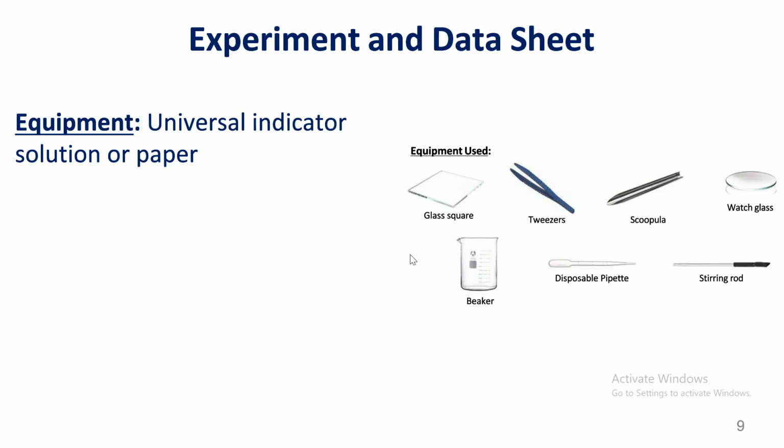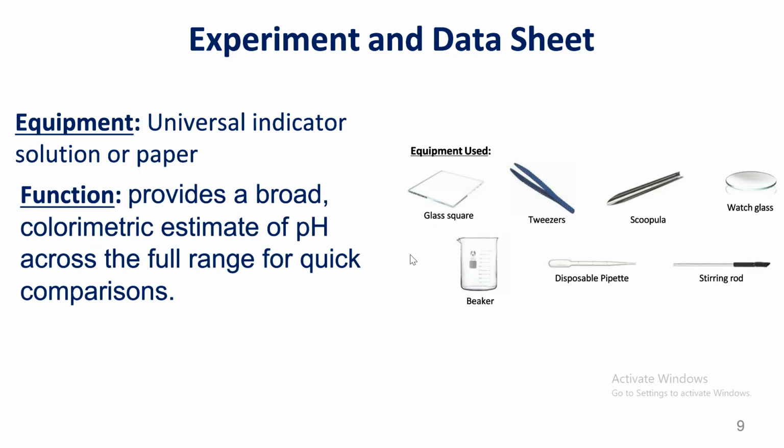Universal indicator solution or paper provides a broad colorimetric estimate of pH across the full range for quick comparison. So colorimetric, which means it's relating to color. Colorimetric estimate of pH across the full range for quick comparisons.